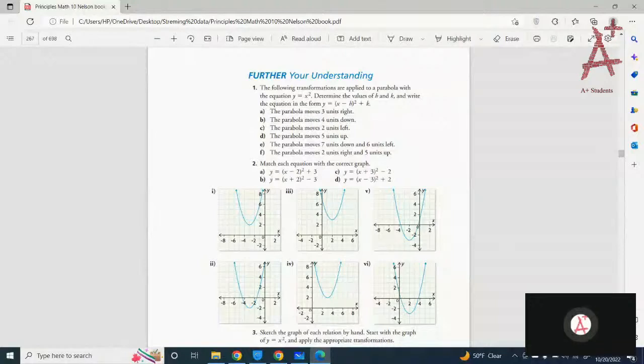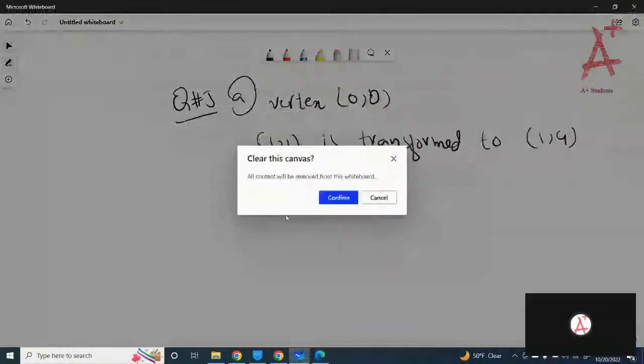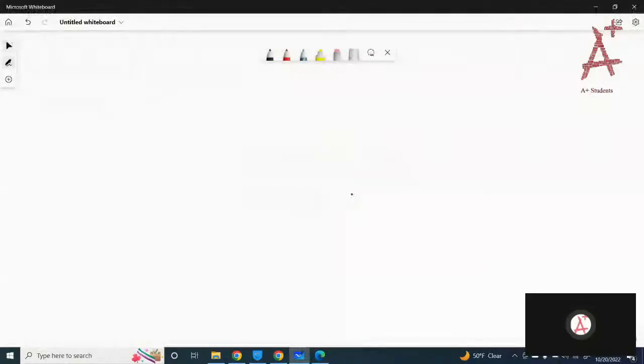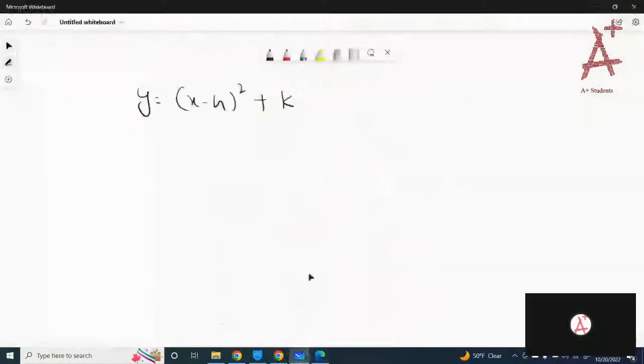The parabola moves 3 units right. Okay, you have to write the equation in the form y equals (x minus h) whole square plus k, and you are given that the parabola moves 3 units right.